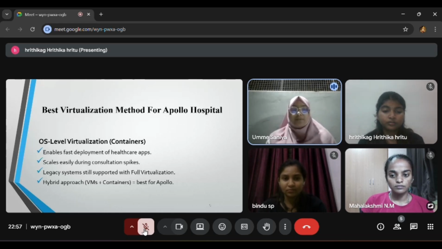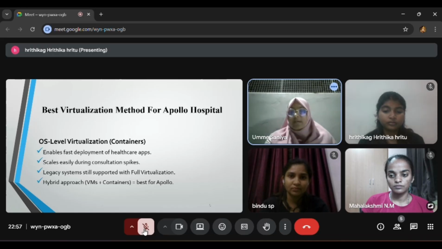That enables fast deployment of healthcare apps and scales easily during consultation spikes. Legacy systems are still supported with full virtualization. The hybrid approach, full virtualization plus OS level virtualization, that is containers, is best for Apollo Hospitals.